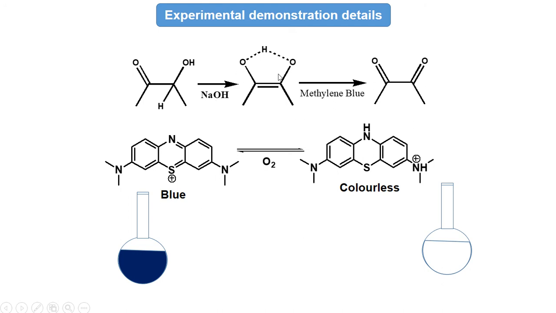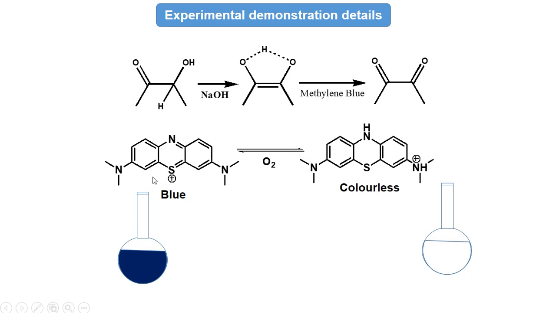The NaOH, this one is the functional part, that means the participating functional group of that glucose moiety, and then in presence of NaOH it forms this configuration, and then in presence of methylene blue it oxidizes, and the oxidized form reduces, and in presence of oxygen that reduced form comes back to that blue form.